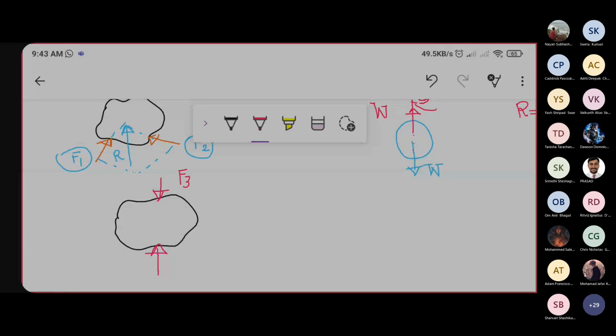Now, if the body is in equilibrium, that means this force should pass through one point, right? And only if these two forces pass through the same line can we say that the body is in equilibrium, right?